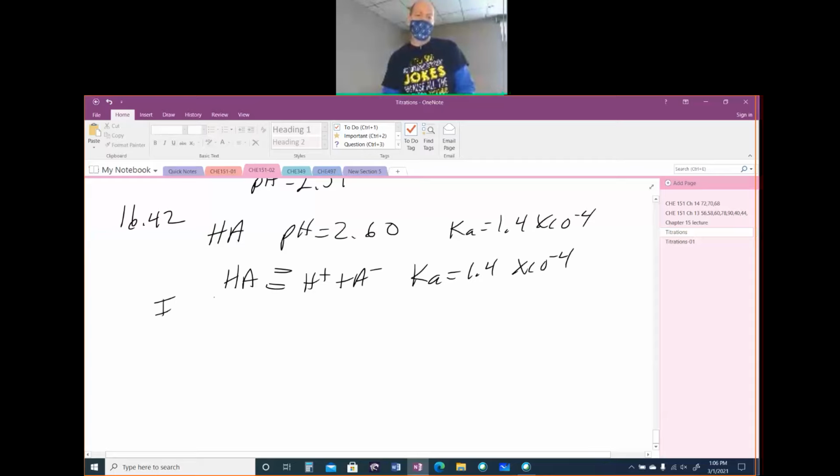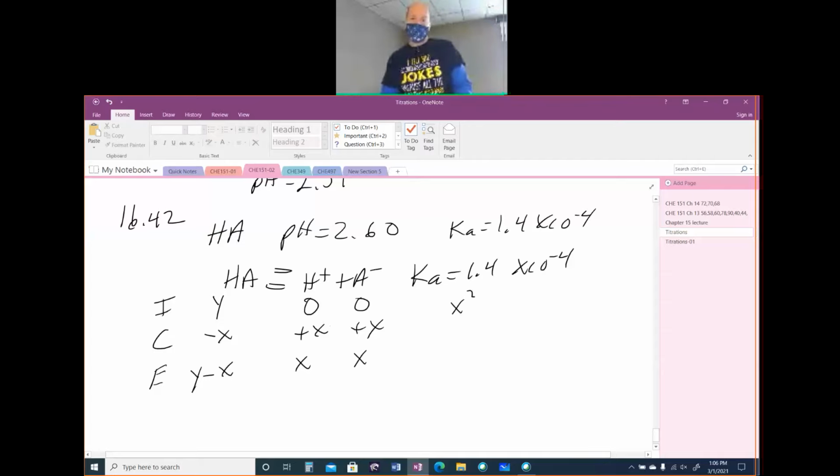And so initially, we have some initial concentration. I will call it y. Call it any letter you want. All right, and then we didn't add any H plus. We didn't add any of the A minus. The reaction has to go to the right. So minus x, plus x, plus x. So at equilibrium, we have y minus x, we have x, and we have x. All right, and so we have x squared over y minus x is equal to the Ka.